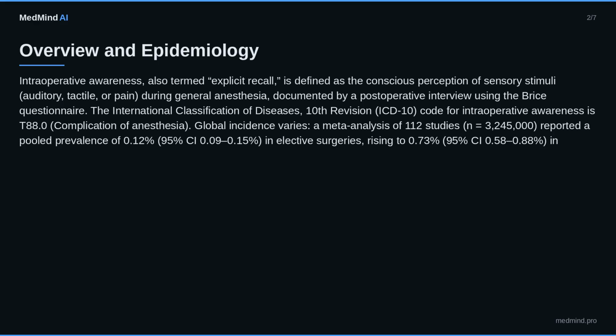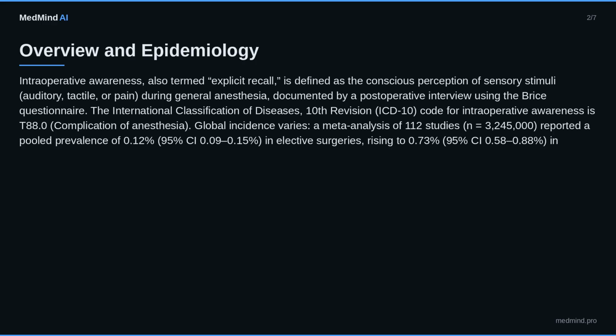Age distribution shows a bimodal pattern. Patients aged 18 to 35 account for 42% of cases, while those greater than 70 years account for 18%, reflecting both higher surgical volume and altered pharmacodynamics. Sex differences are modest. Females experience 1.12-fold higher incidence, 12% versus 10% in males, after adjusting for obstetric surgery.